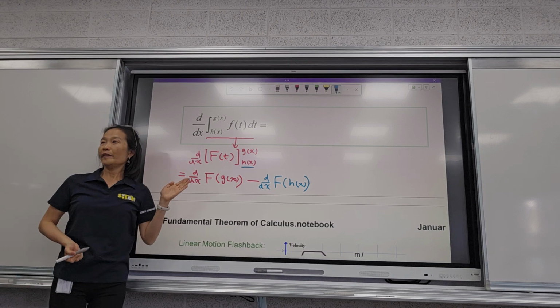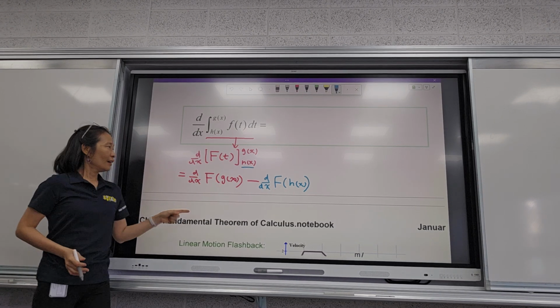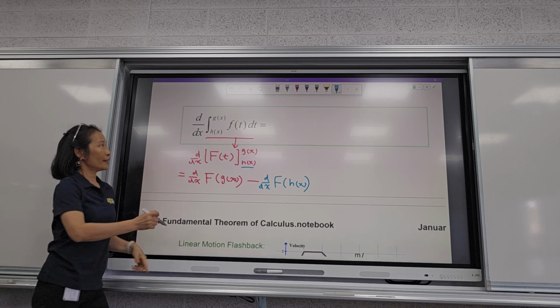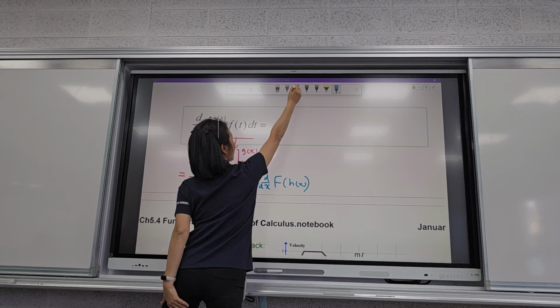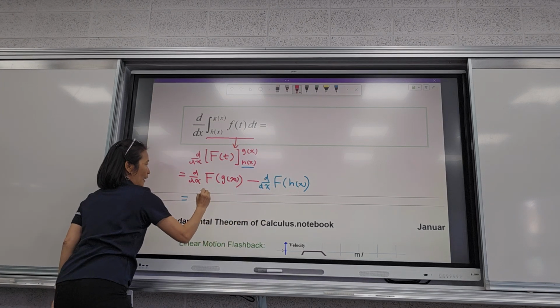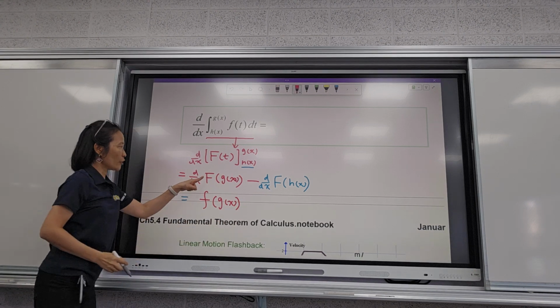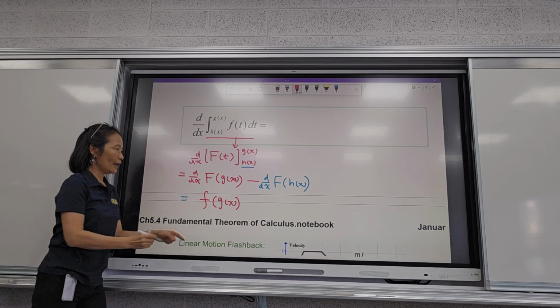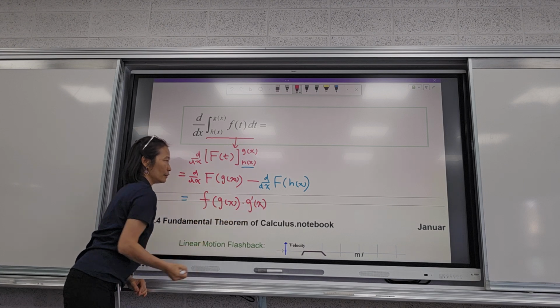That is the derivative of the outside function and inside function. Derivative of capital F of x is small f of g of x, right? You just differentiate the outside function and don't forget to chain on the derivative of the inside function.